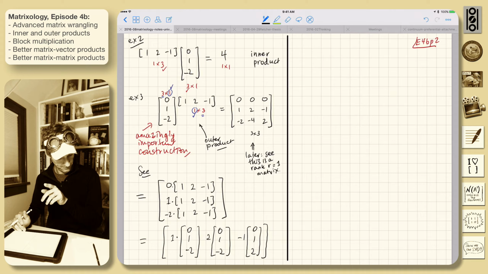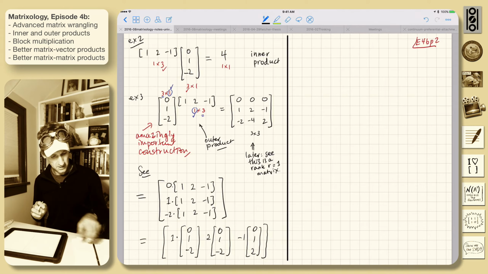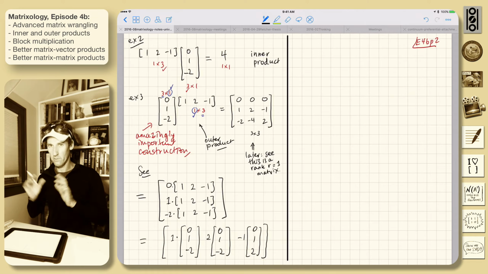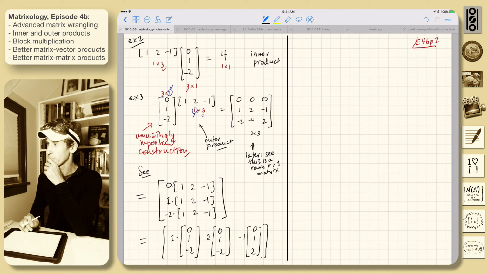I'm going to talk about two kinds of block multiplication, inspired by all of this. You can start to do some pretty weird things, and then we'll go back out to these AX and YA and AB, these bigger stories.